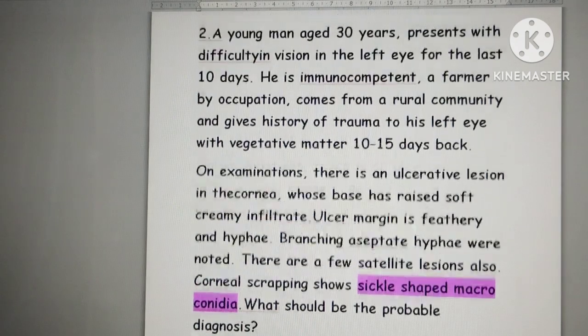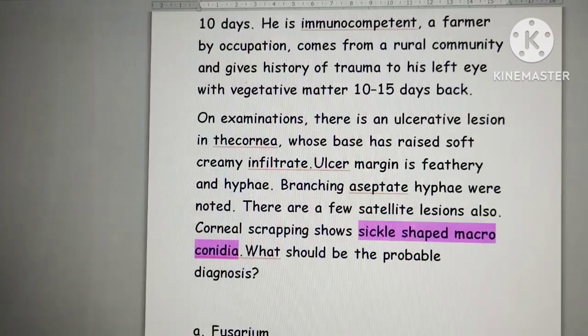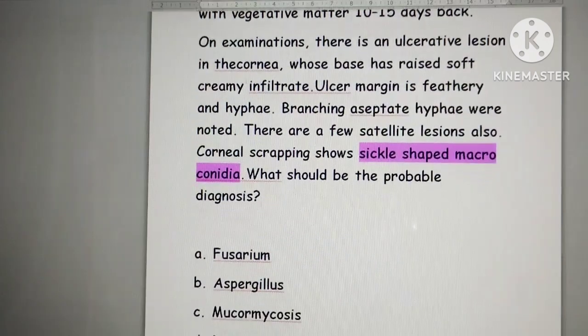Okay, so first, he is a farmer and an immunocompetent patient, and there is aseptate hyphae and sickle shaped macroconidia. So always remember, whenever there is the term sickle shaped macroconidia, it is nothing other than Fusarium. Okay. So what are the other factors?